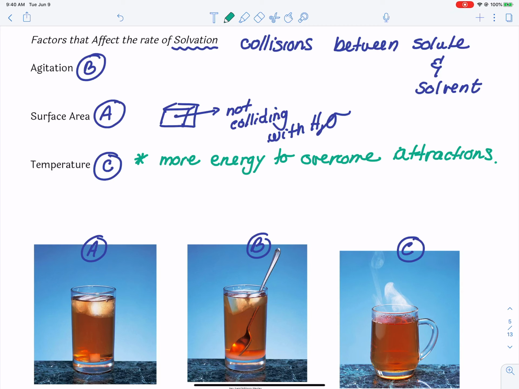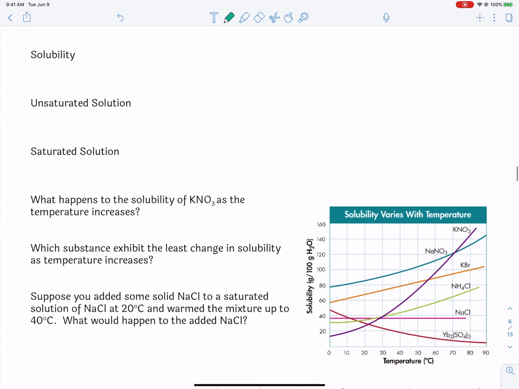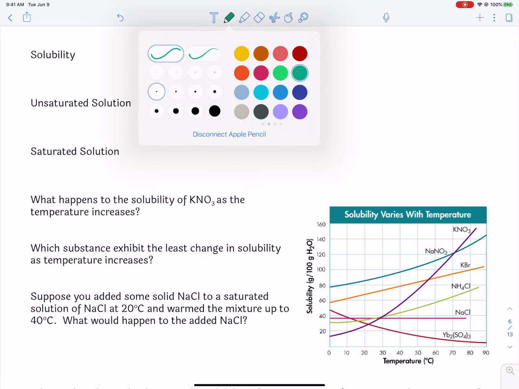In this example, sugar molecules are attracted to sugar molecules, water molecules are attracted to water molecules. When you increase the temperature, you increase their energy so they're able to overcome those attractions, and then they can be attracted to each other. And those are very similar to a lot of the ways that we can increase the rate of a chemical reaction.